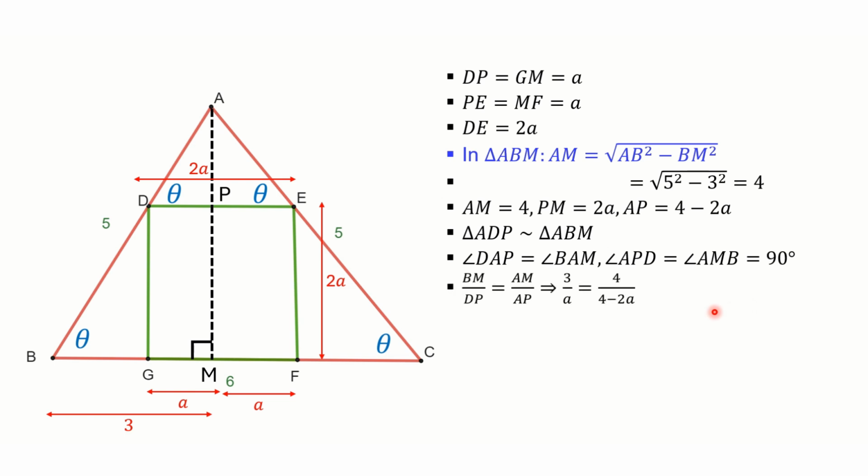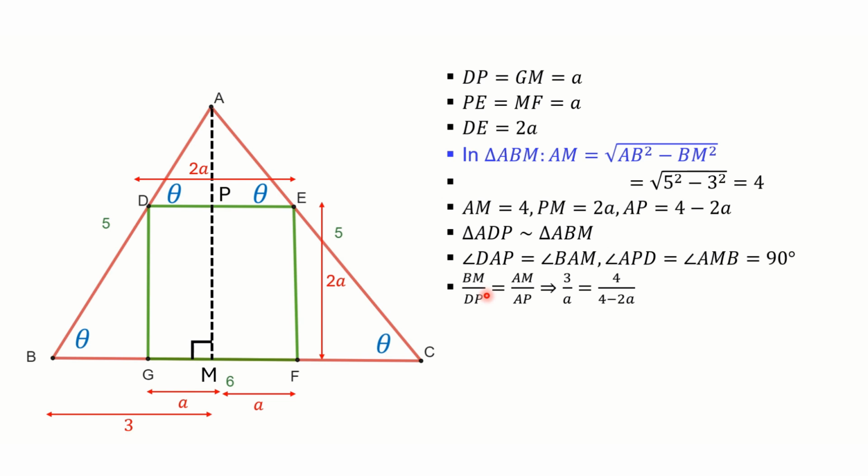Now I can use the property of similar triangles: BM divided by DP is equal to AM divided by AP.